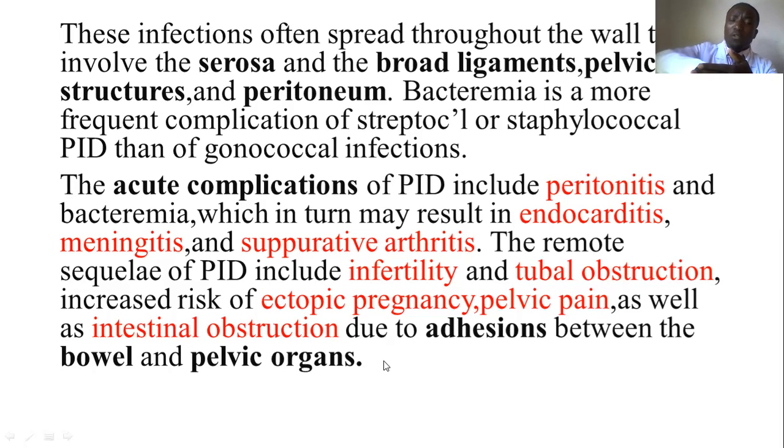The outer surfaces of the intestines start sticking onto those pelvic organs, and when the intestines become sticky because of the adhesions resulting from the fibrous scars, eventually obstruction of the intestine will occur, and the contents passing through will not get where to pass, because maybe the intestine which should be straight like this has been kinked or folded because of the adhesive surface outside onto the pelvic organ.